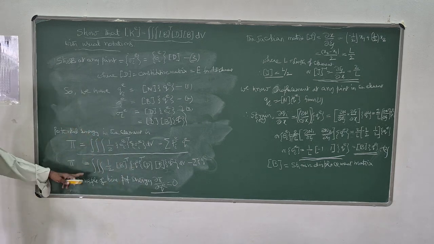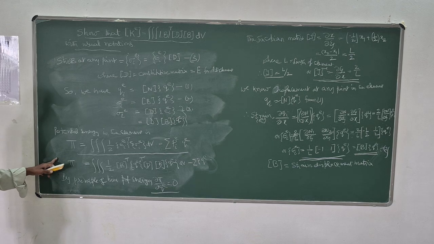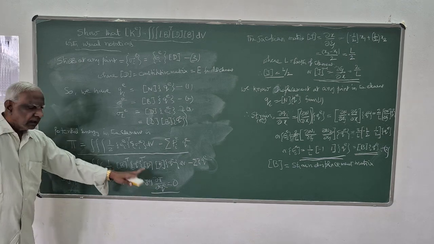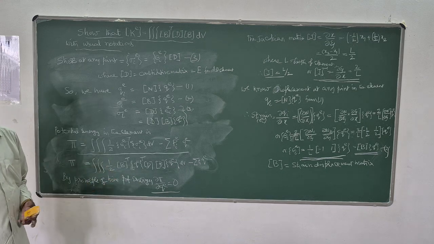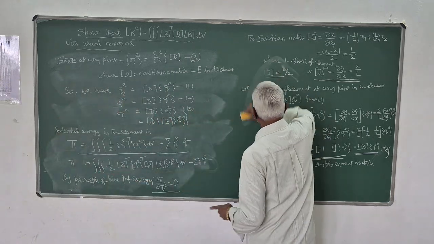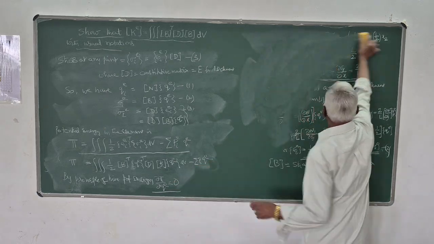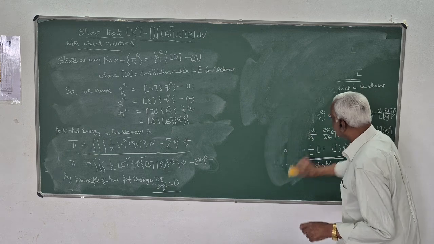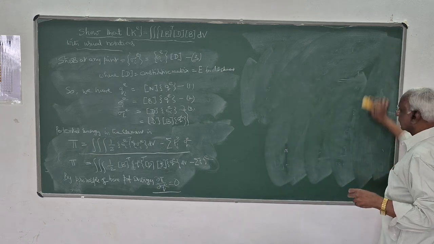By minimum potential energy, the first derivative of the total energy potential with respect to the nodal displacement should be 0. If you take the first partial derivative of this expression, you will get that relationship.